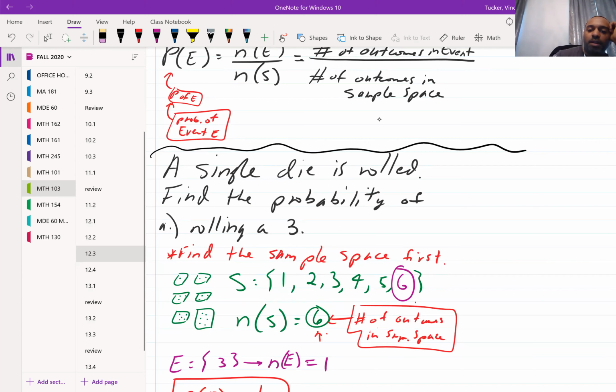If this was 1, 2, 3, 4, 5, 7, the number of outcomes would still be 6. So you're just talking about the number of possible outcomes. This could be 1, 2, 3, 4, 5, triangle, and the number of outcomes would still be 6. I just want to make sure we didn't say that because this ends in 6, this would be 6. No, this is just the number of possible outcomes in your sample space.